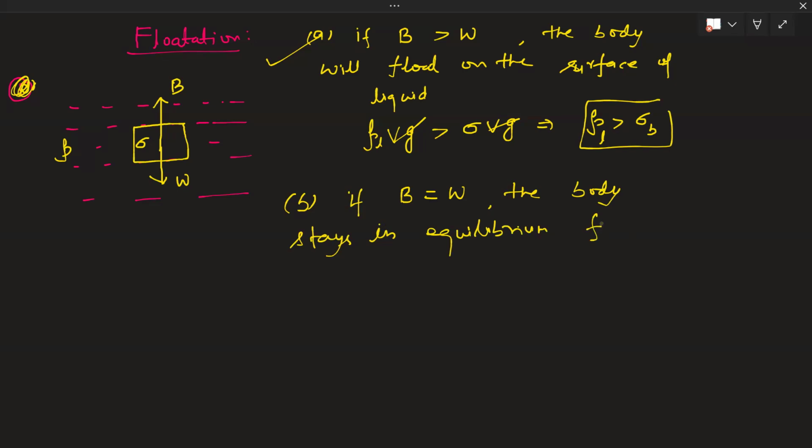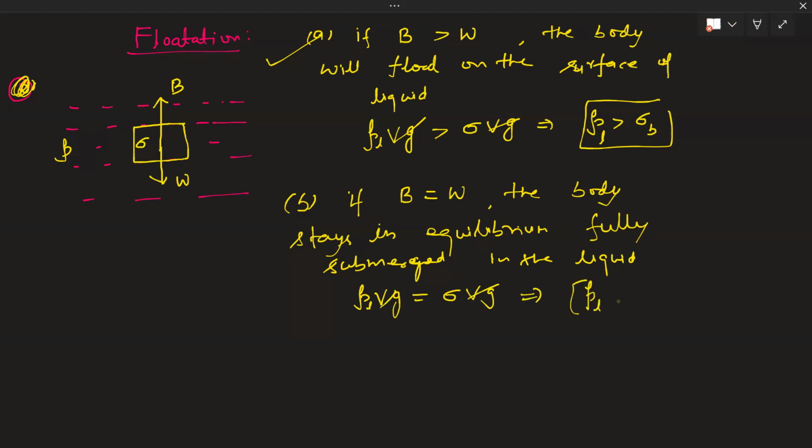And it will be fully submerged in the liquid. So this is the condition when buoyant force rho_L Vg is equal to sigma Vg. Vg cancel. So that is the condition when the density of the liquid is equal to the density of the body.